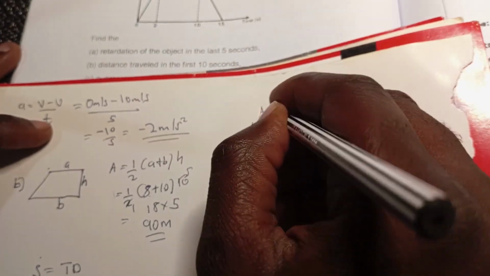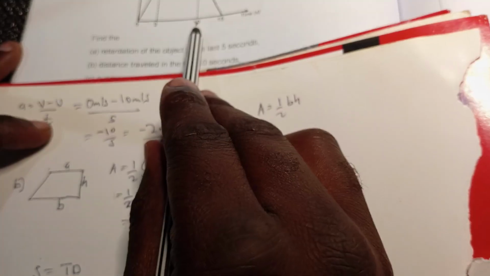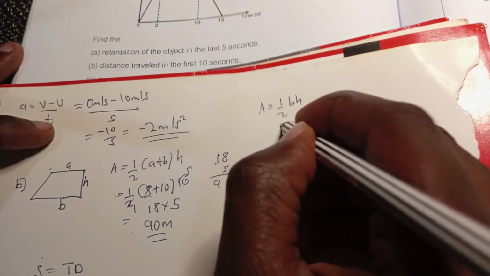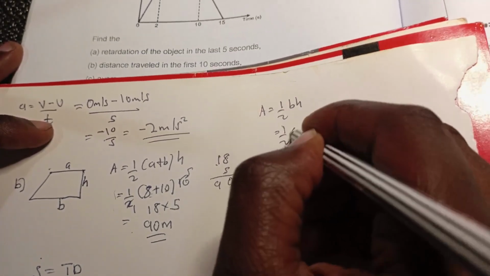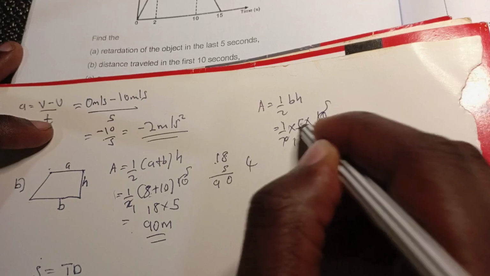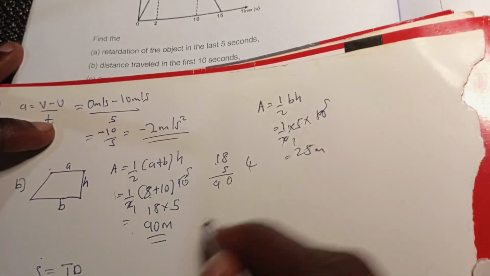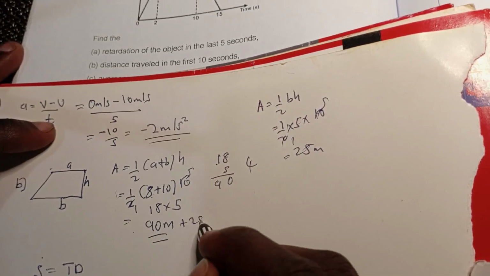We use the formula of a triangle. So this is the base, which is 5. The height is still 10. Half times 5 times 10, so you get 25.